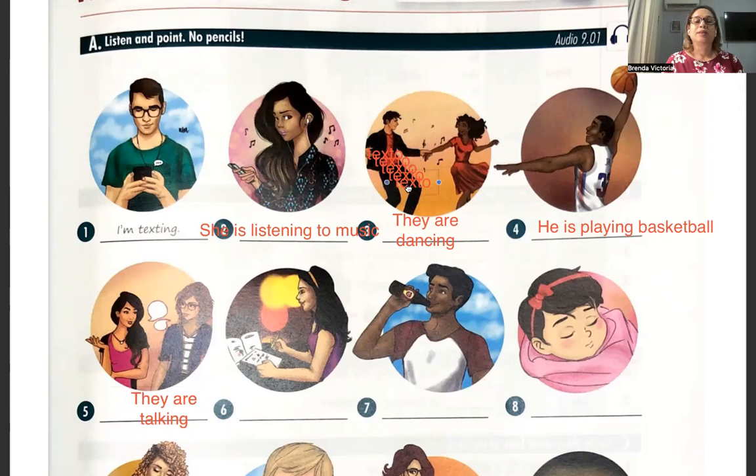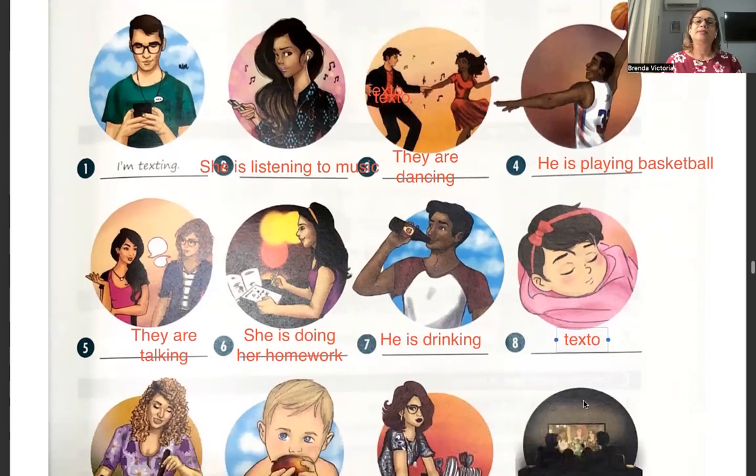Number 6, what is she doing? She's doing her homework. Okay, what about number 7? What is he doing? He is drinking. Right? Okay, number 8. What is she doing? She is sleeping.